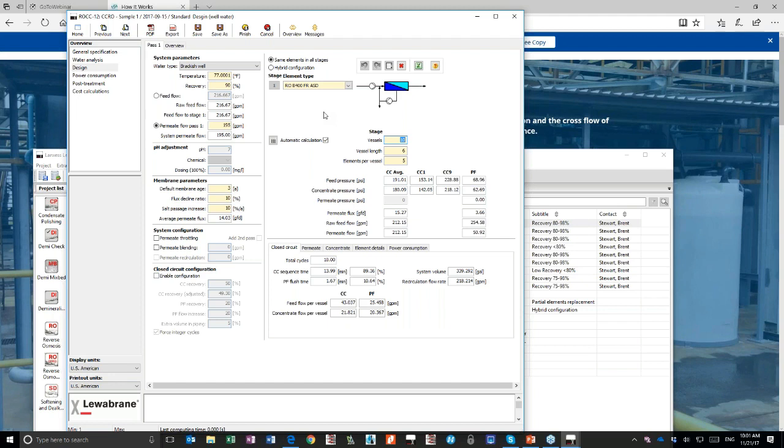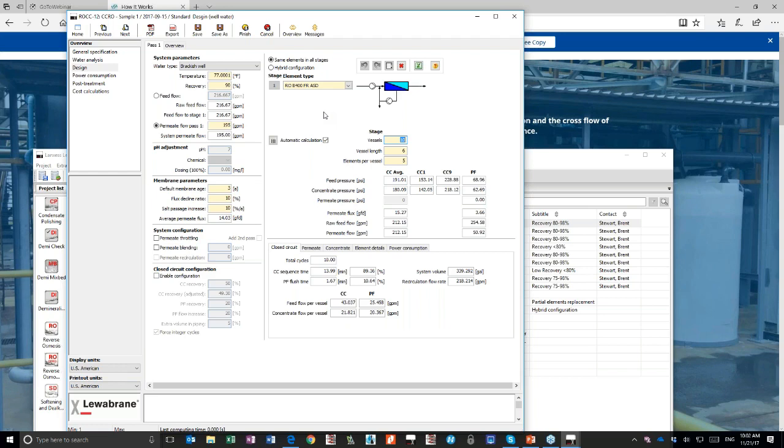But we have gone below that for sure. So it's flipping between the closed circuit and PF mode, so the pumps are ramping up and down, and the brine valve is opening and closing. So ideally we like it above 5 minutes, but again, we can push that boundary.